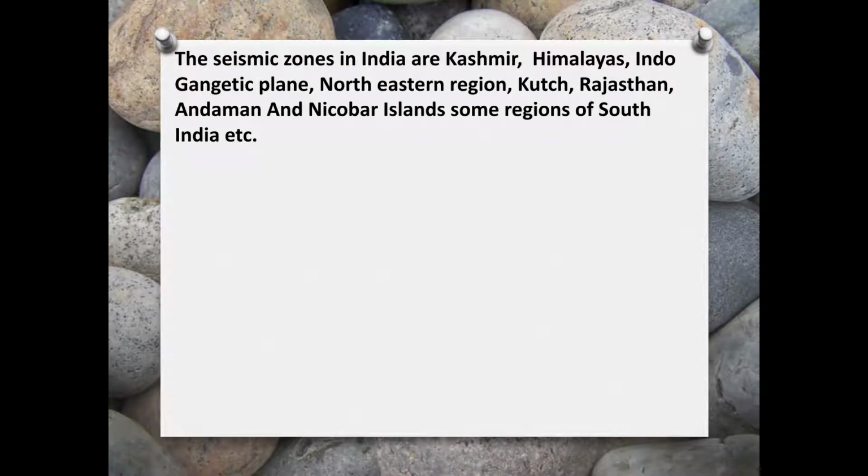Now, seismic zones in India are Kashmir, the Himalayas, the Indo-Gangetic Plains, the northeastern region, Kutch, Rajasthan, Andaman and Nicobar Islands, and some regions of South India. So what are these?